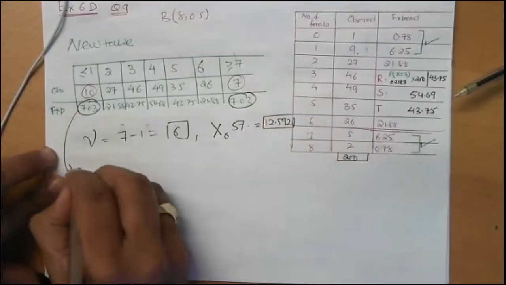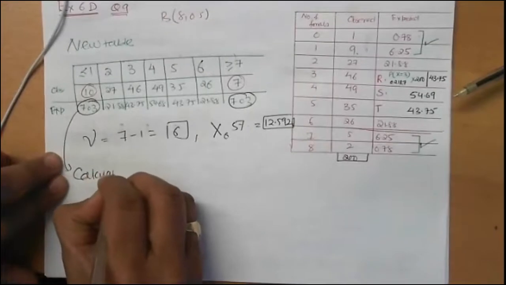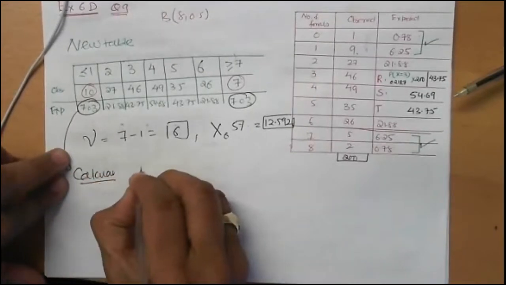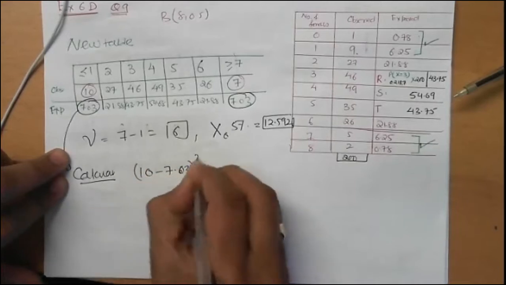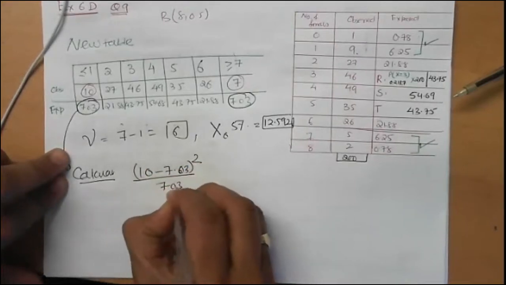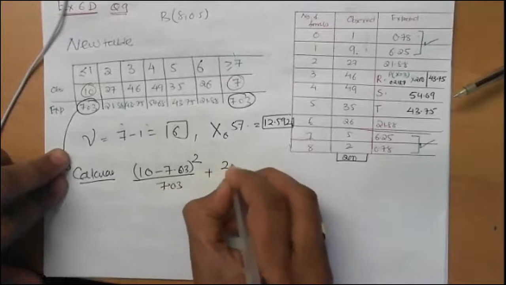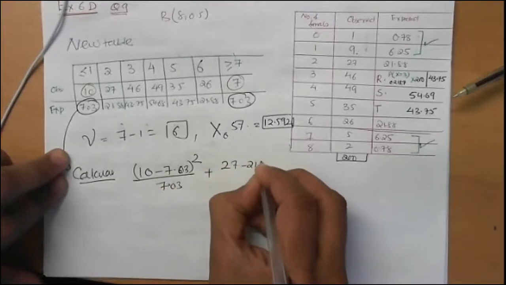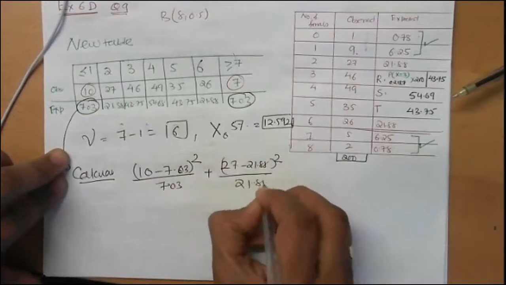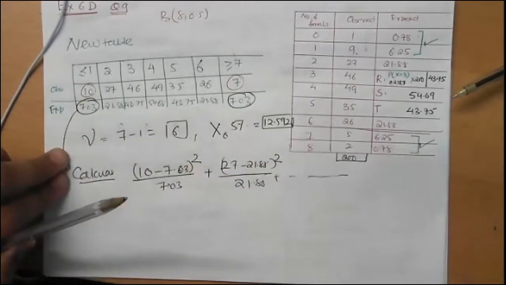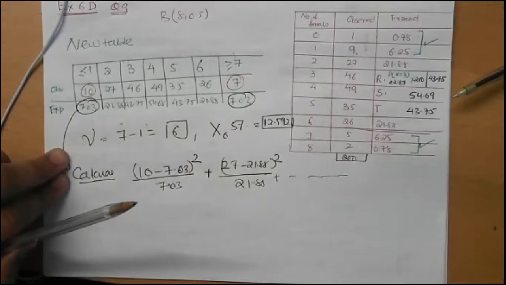Then calculate, guys, calculation. How would you do that calculation? Same thing. It will be (10 take away 7.603) whole square divided by 7.03 plus (27 take away 21.88) whole square over 21.88, and so on. We do it for all the columns, and then we work it out.